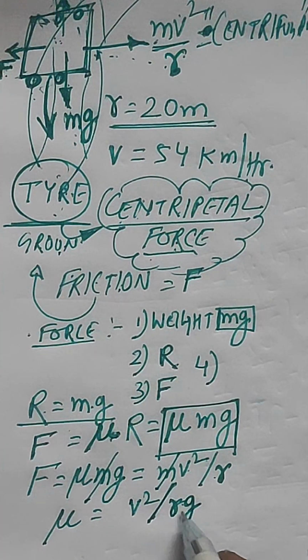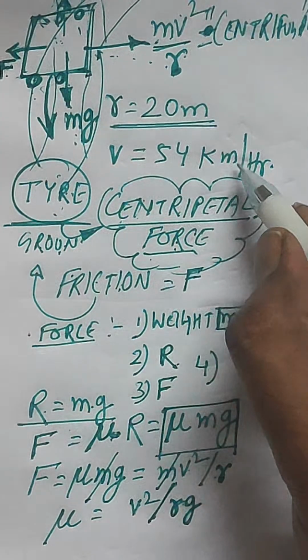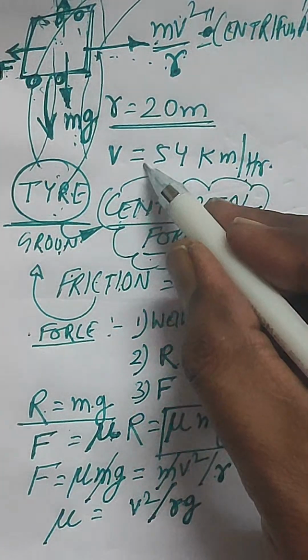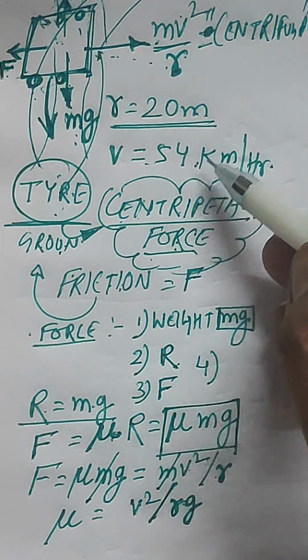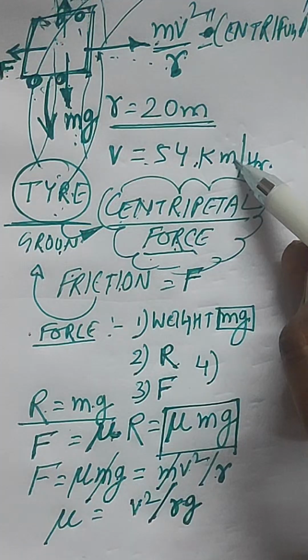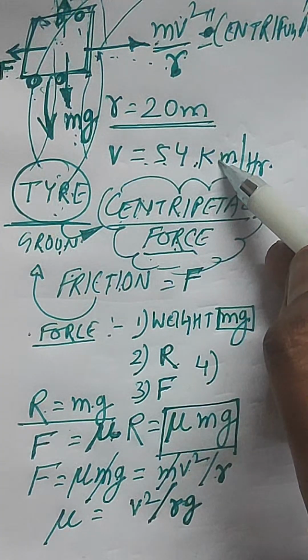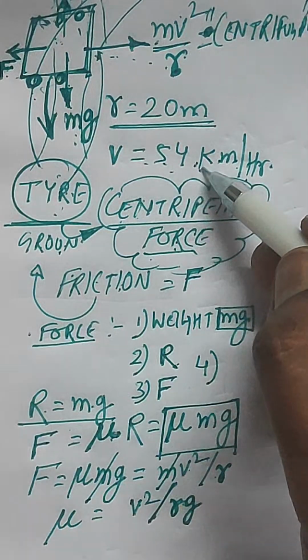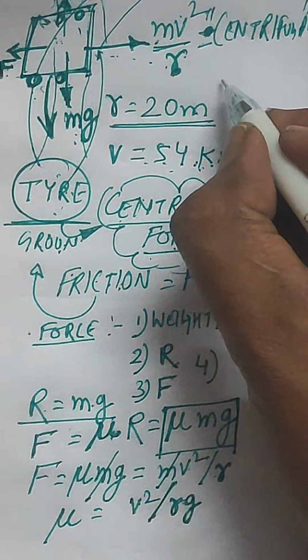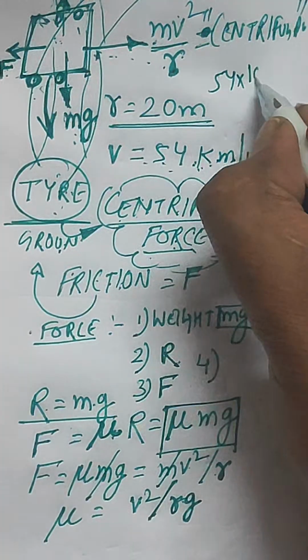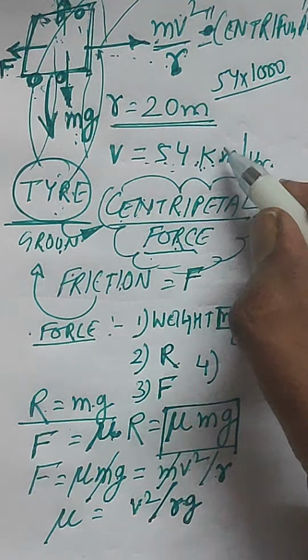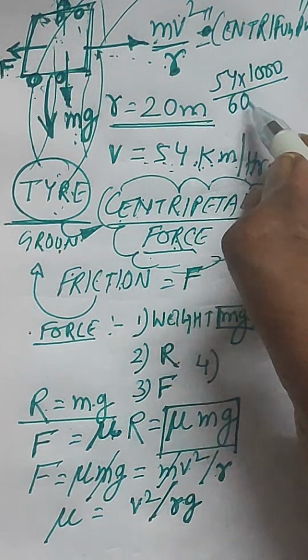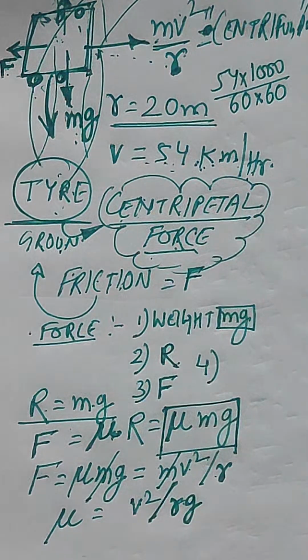And what is v square by rg? V is 54 kilometer per hour, you can see. If the value of v is known and the radius is in meters, just convert it into meter per second, right? So convert 54: just multiply 54 kilometer into meter by 1000, 54 into 1000 meters, and 1 hour is 60 minutes and 1 minute is 60 seconds, right?